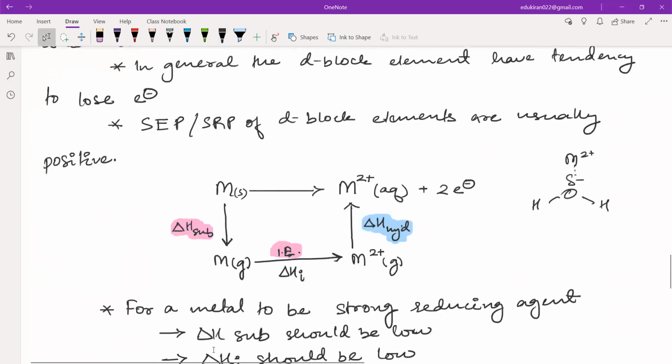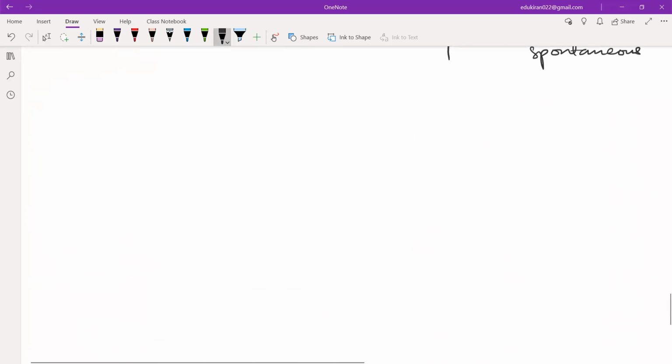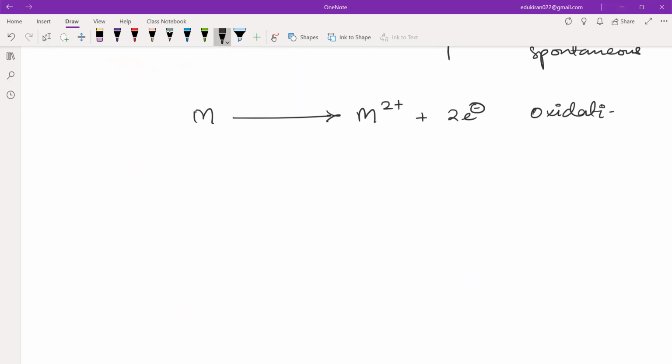Let's do one thing, you tell me. Is this oxidation or reduction? Oxidation. So metals will get oxidized easily, yes or no? Yes, sir. They will undergo this reaction easily. So oxidation is easy.